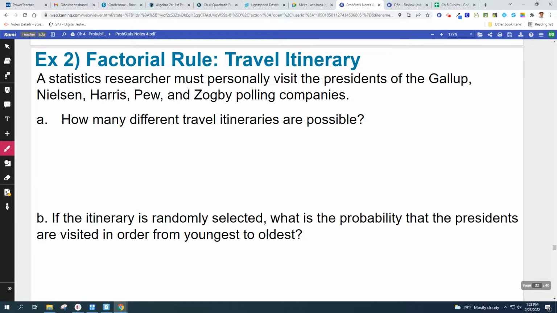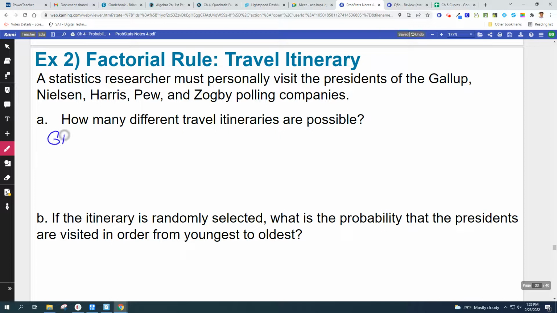Number 2. A statistics researcher must personally visit the presidents of the Gallup, Nielsen, Harris, Pew, and Zogby polling companies. A. How many different travel itineraries are possible? One technique that we can do if we don't know what to do is draw a picture, make a list, something like that. Well, let's try to start a list.